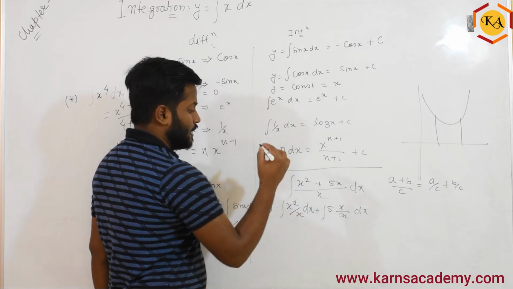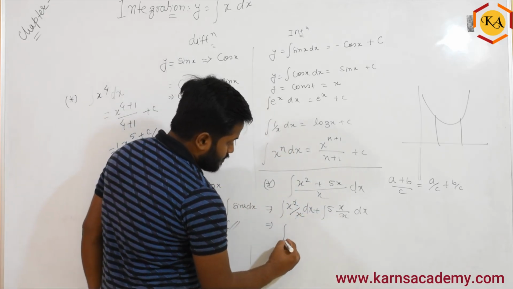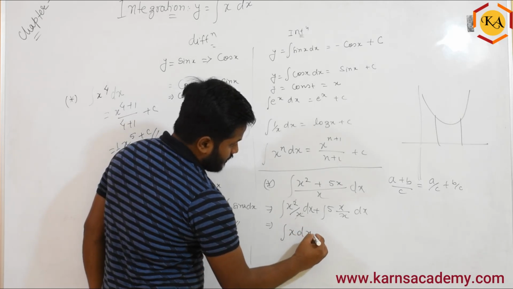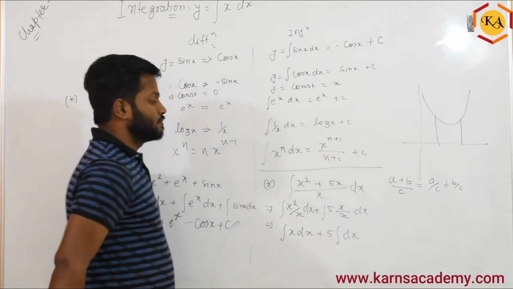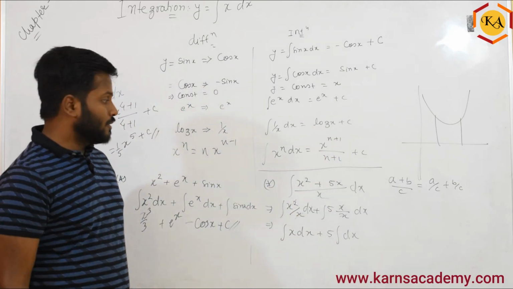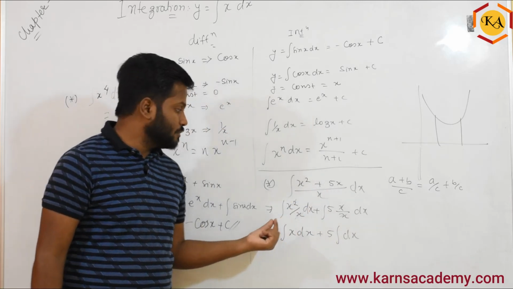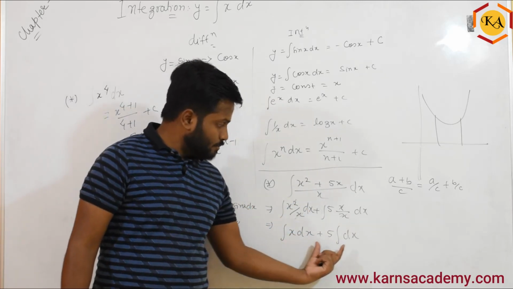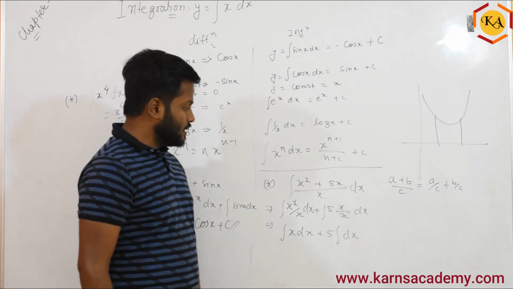One more dx, let me add over here. Now the problem has become integral of x dx plus 5, which is a constant, I will take, and dx. Right, I hope you are able to understand. What I have done is just divide by x each term separately so that I have proper single terms to do the integration. Now in that condition, what can I do?